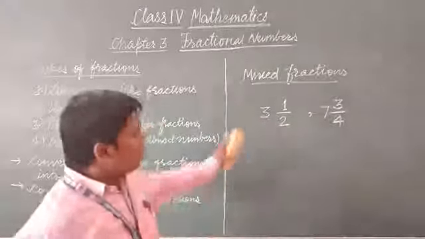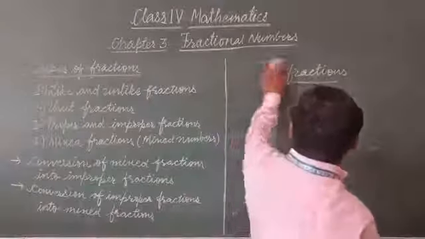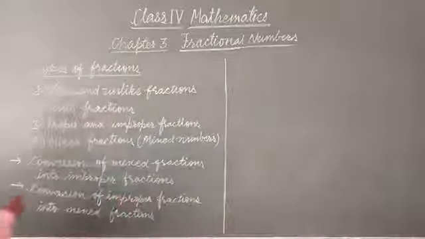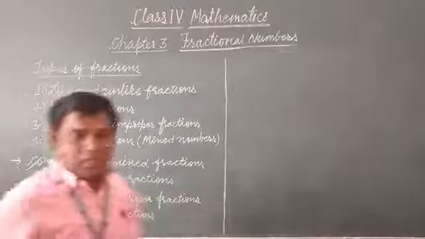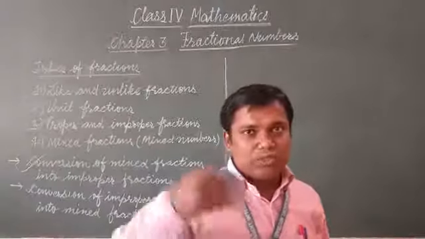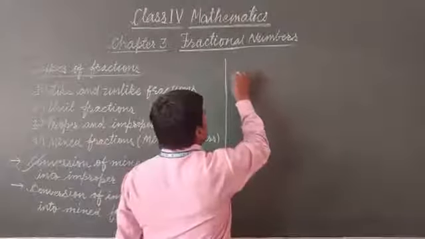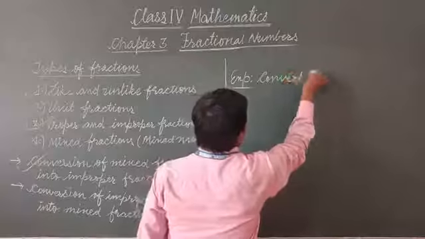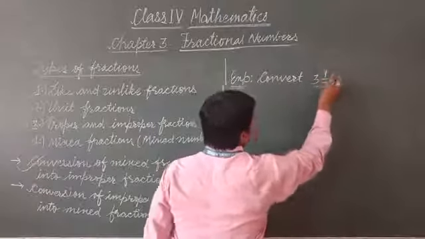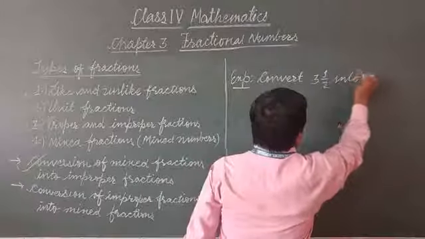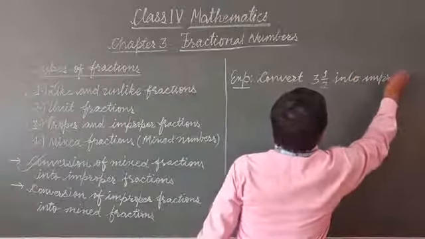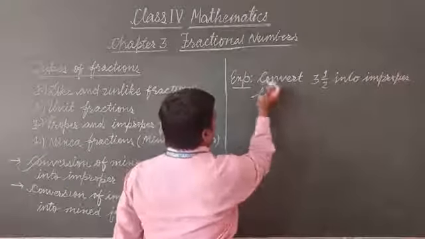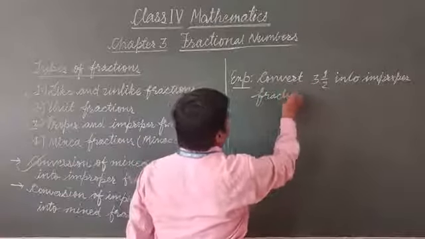Now the next topic is conversion of a mixed fraction into an improper fraction. Here is the example: convert 3 whole 1 by 2 into an improper fraction.